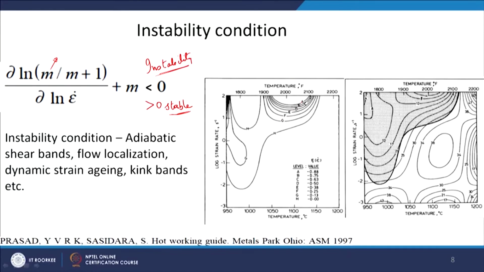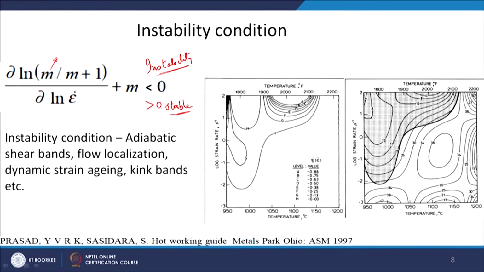So, this particular criterion can be used to identify the unstable region. For example, in this figure there are some contours shown A, B, C, D up to H. I have not included it here, but this should be zeta.